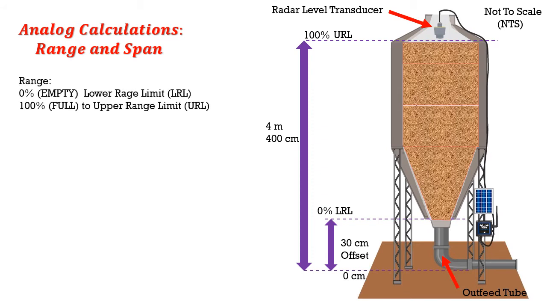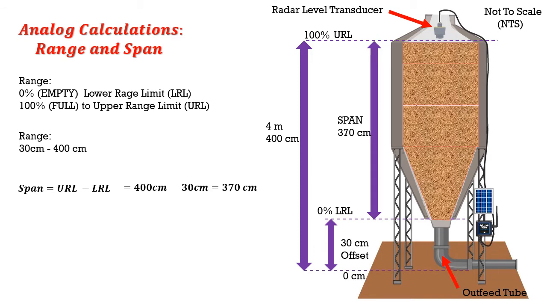So our overall range between 100% full and 0% empty, our upper range limit and our lower range limit, is between 400 centimeters and 30 centimeters. So that's our range, 30 centimeters to 400 centimeters, because of the offset of the outfeed tube.